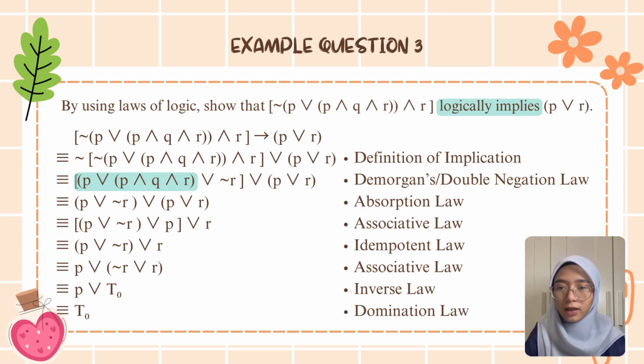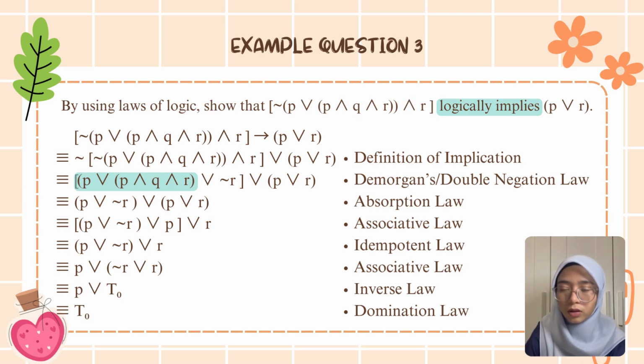Next, I associate the parentheses again with negation R and R. So the form will become P or negation R or R. So we can use the inverse law because of the negation R or R. So it will become true.